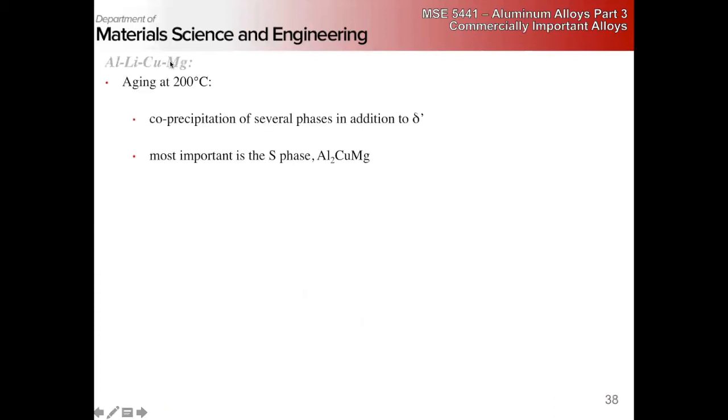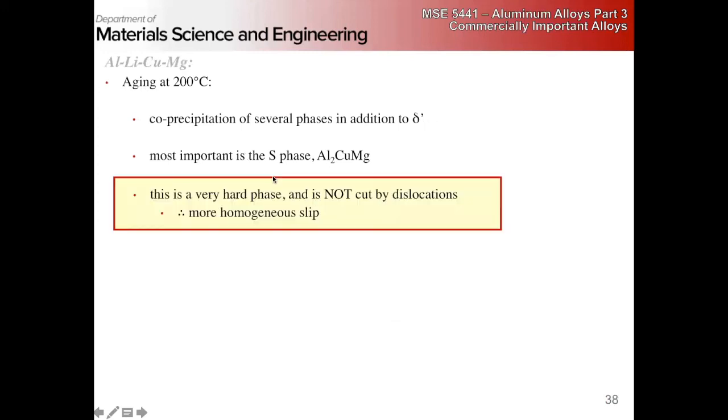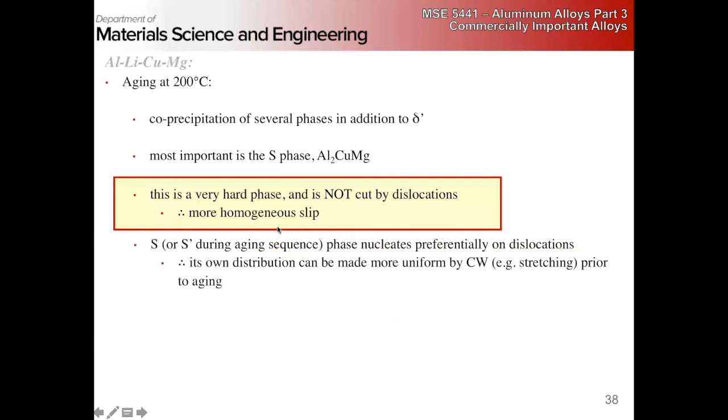Aluminum, lithium, copper, mag. We get co-precipitation of several phases in addition to the delta prime. There's this S phase, which is a very hard phase, aluminum 2 copper mag, not cut by dislocations, gives us a very good homogeneous slip.